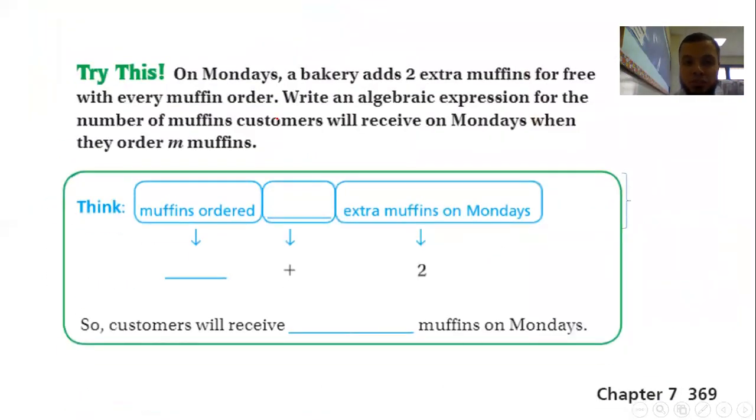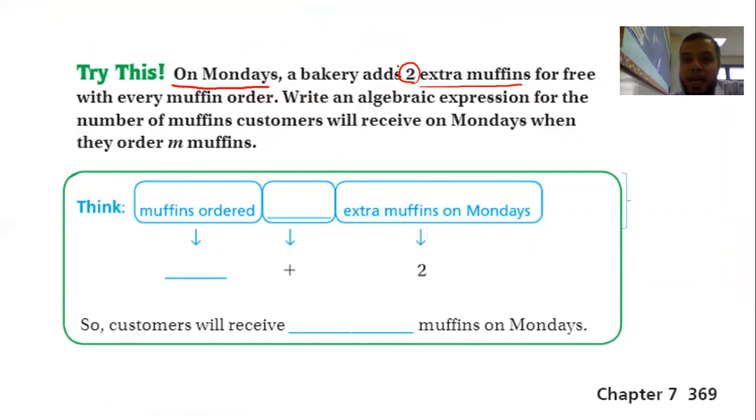Okay, let's try this. We have another example, another situation. We need to read it, then understand what we should write, how to translate the situation into an algebraic expression. On Mondays, a bakery adds 2 extra muffins.